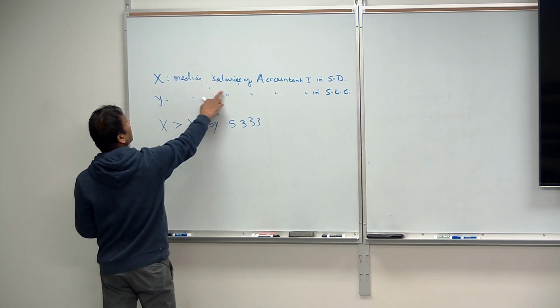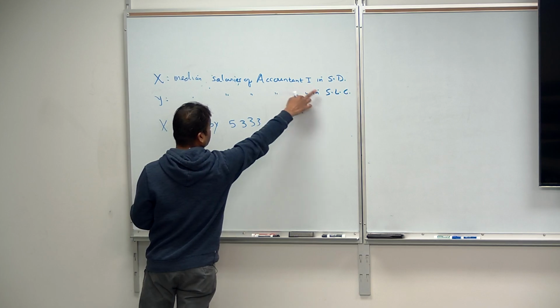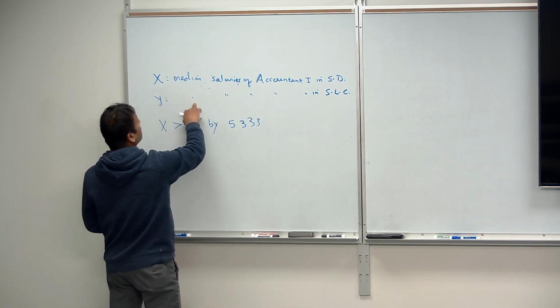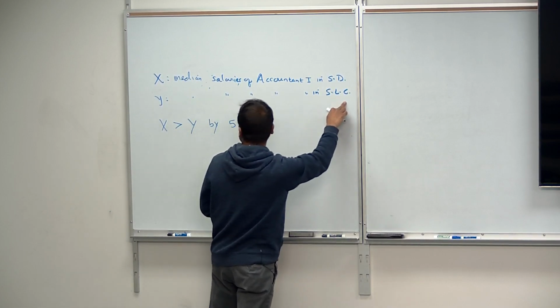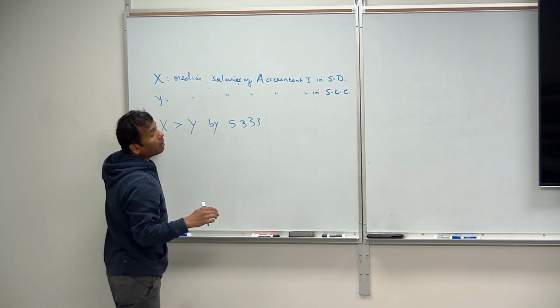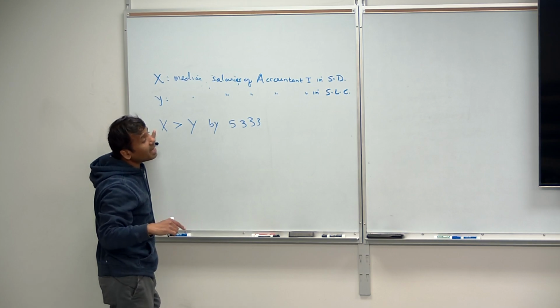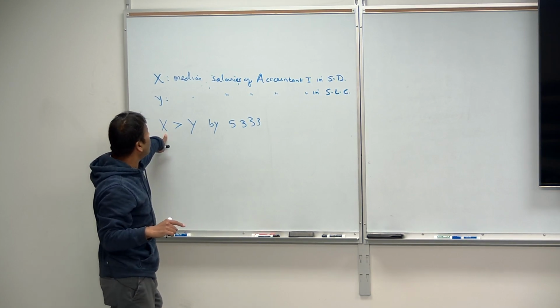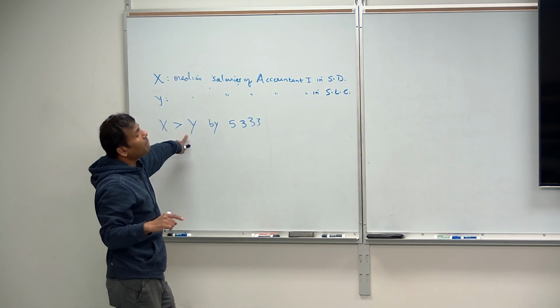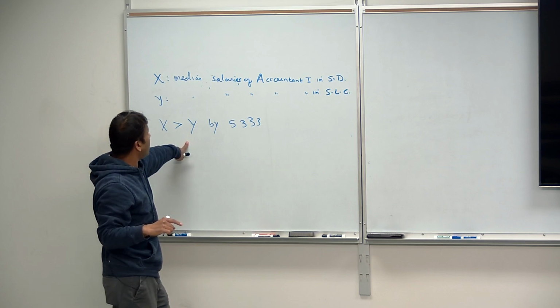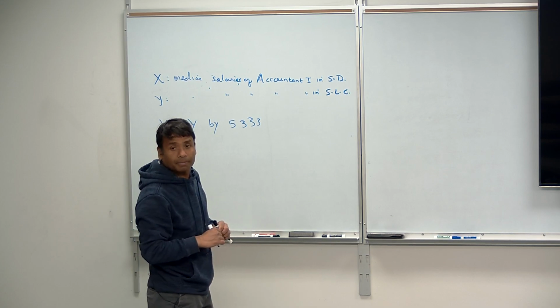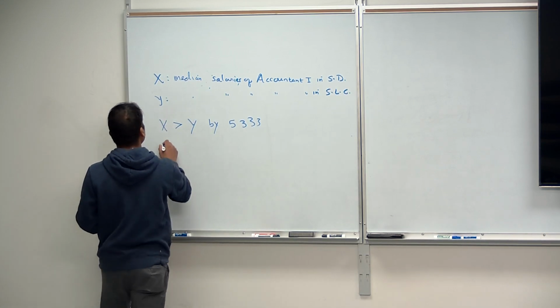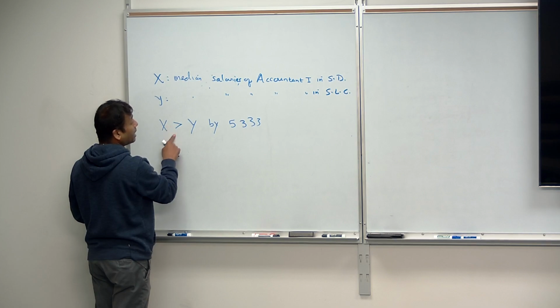So the median salary of accountant I in San Diego is X. The median salary of accountant I in Salt Lake City is Y. And if you read the question, the median salary in San Diego exceeds the median salary in Salt Lake City by $5,333. So that means X is greater than Y by this.